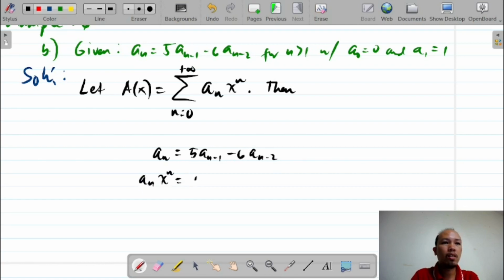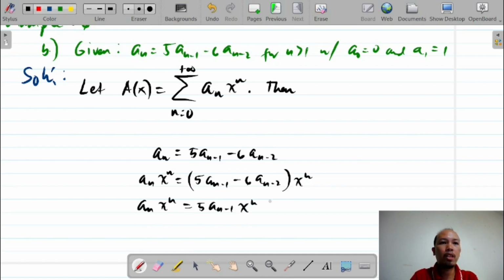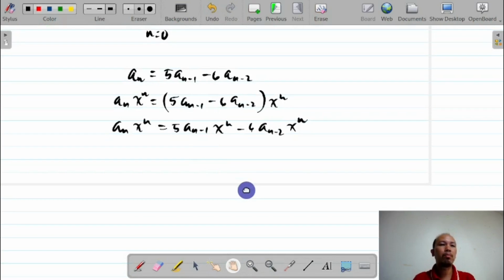Okay, 5 a sub n minus 1 plus 2 x to the n, and then distribute a sub n x to the n. We have 5 a sub n minus 1 x to the n minus 6 a sub n minus 2 x to the n. Okay, and then get the sum.